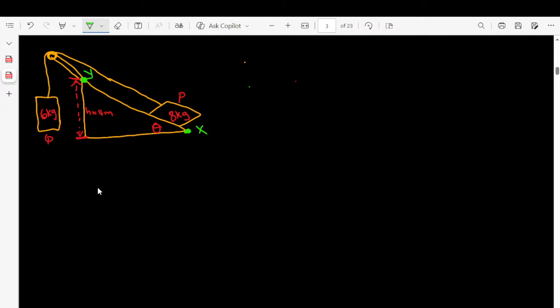They say that the crate Q of mass 6 kg is attached to crate P of mass 8 kg by a light string which passes over a frictionless pulley as shown in this diagram. Crate P is at rest on the slope. I'm going to write this one because it's very important.